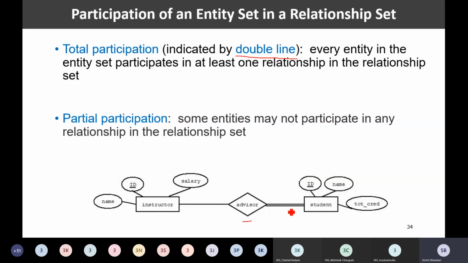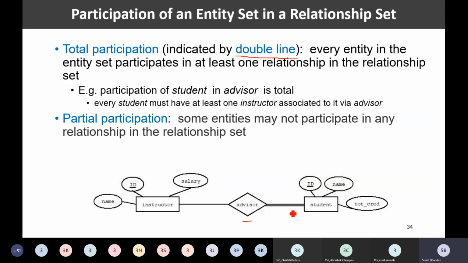This total participation means every student must have at least one instructor associated. Every student is participating in this relationship set advisor, and that is why it is denoted here as total participation.